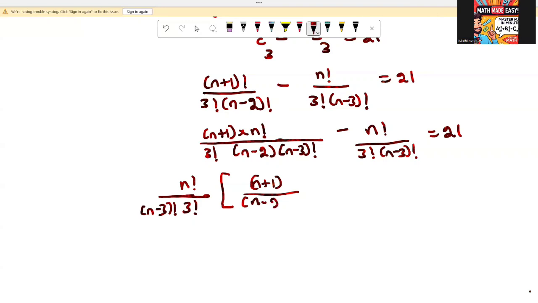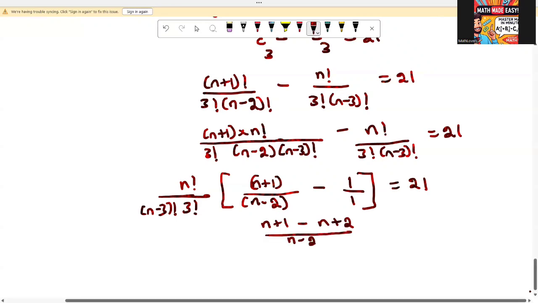So I'm left with n plus 1 by n minus 2 here. And here, just 1 by 1, because everything has been taken common from the second term. Now let's expand this. Let's see what we get. So I get n plus 1 minus n plus 2 divided by n minus 2 within the brackets equal to 21.